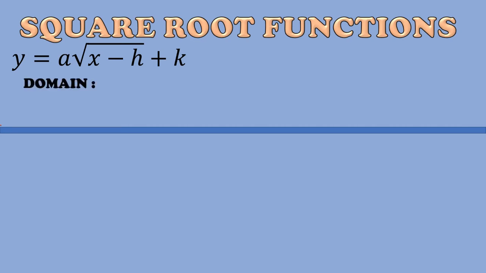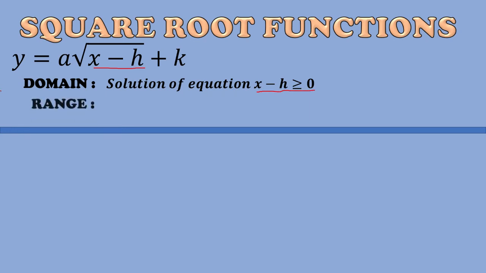This is the general square root function. The domain is the solution of the inequality x minus h greater than or equal to 0. And the range is, if a is positive, y all the values greater than or equal to k.